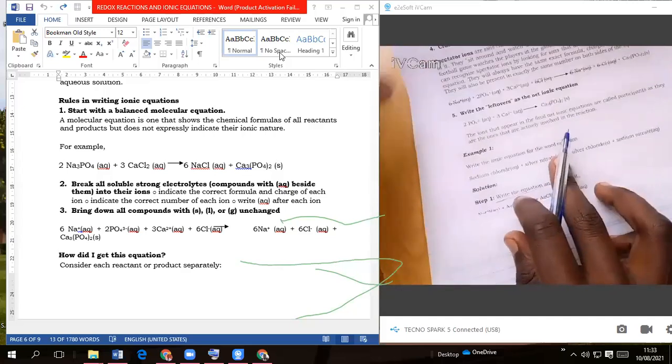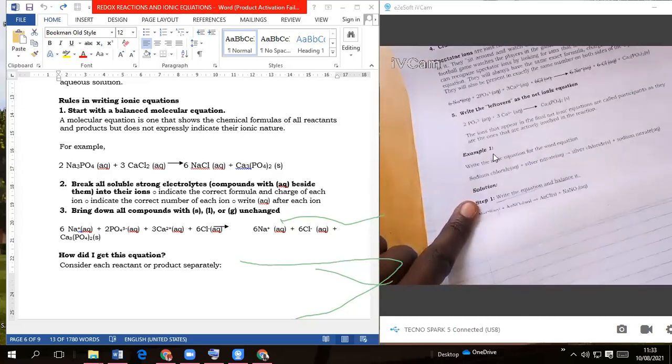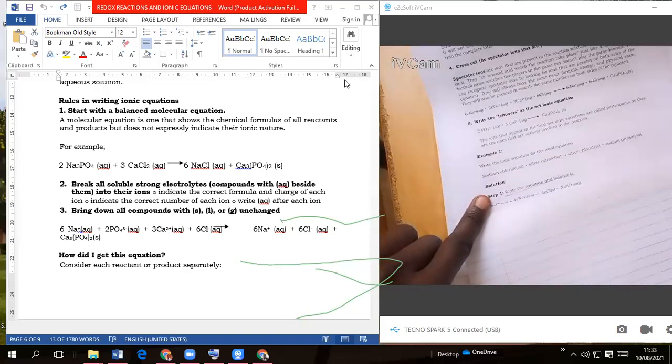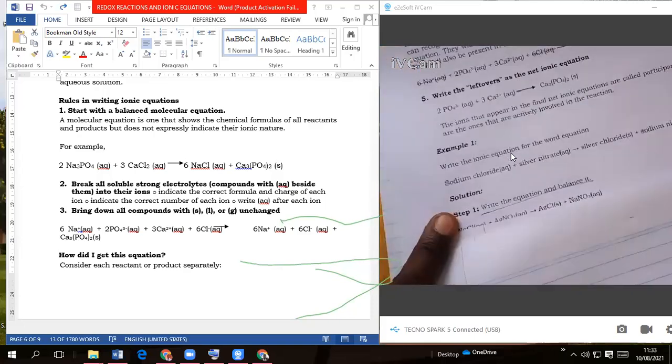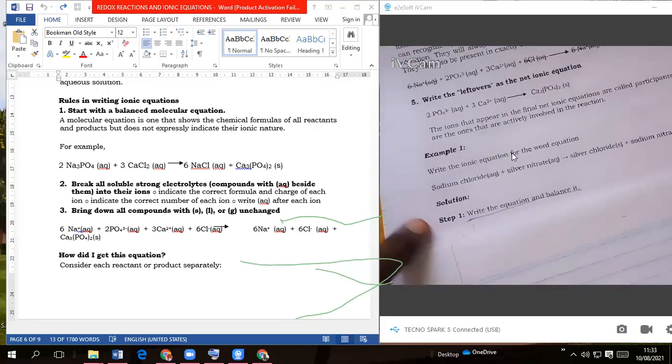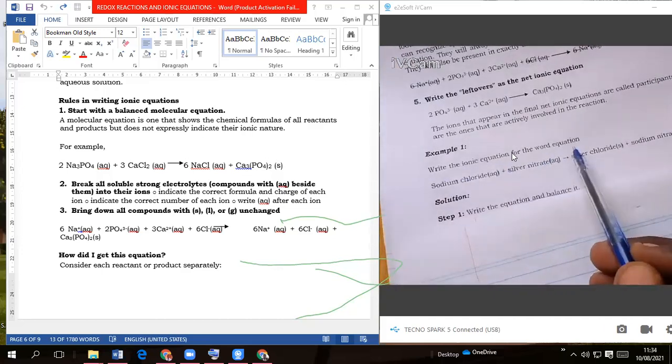This is our example here. Let's look at this. They want the ionic equation, write the ionic equation of this word equation.